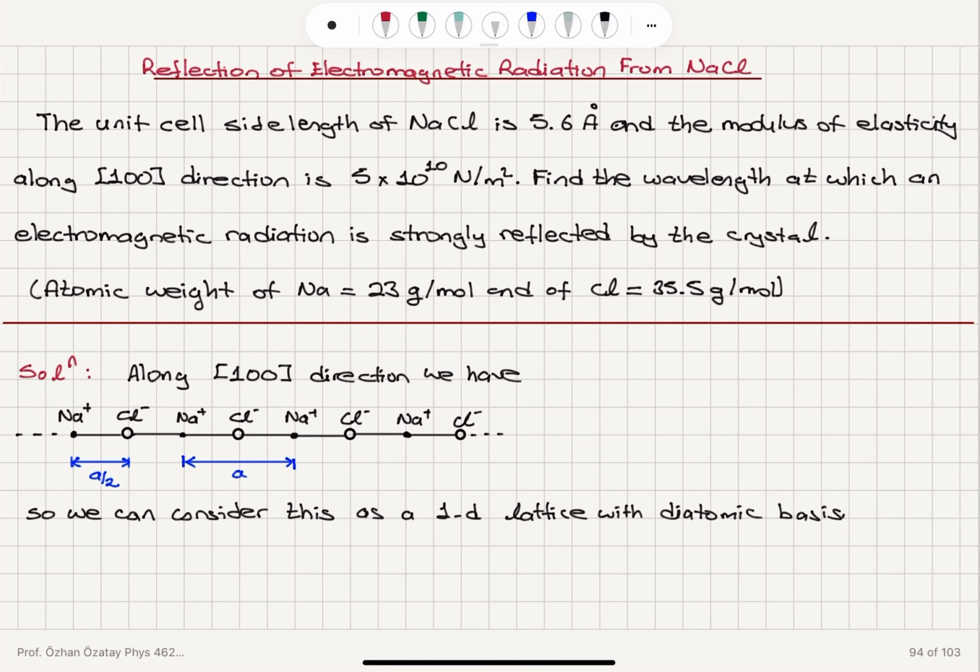Now we know that the atomic weight of sodium is 23 grams per mole. Atomic weight of chlorine is 35.5 grams per mole.